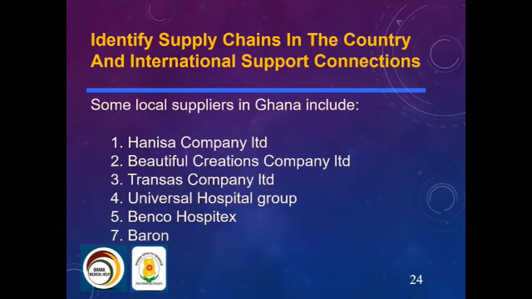So our local suppliers in Ghana include, these are not all, there are many more, but just a few samples of them: Hanisa Company Limited. Some years back, they were a major supplier of medical equipment in the Ghana Health Service or Ministry of Health. Then we have Beautiful Creation Company Limited, Transas Company Limited, Universal Hospital Group, Benko Hospitex, and Baron.